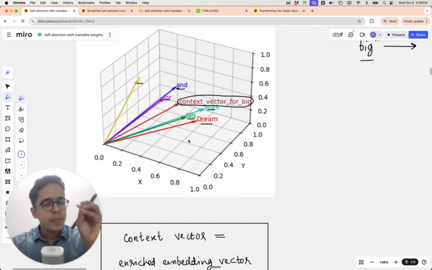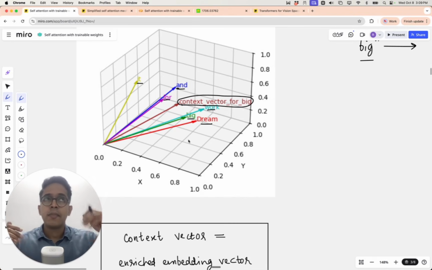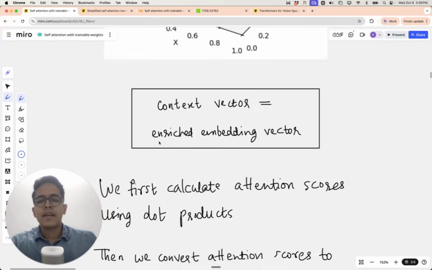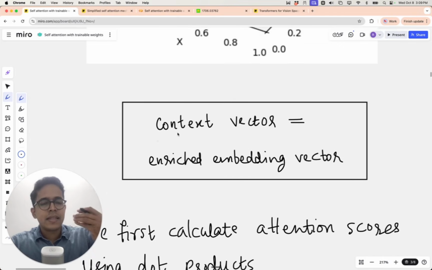If you want to really spend some time on simplified self-attention, and if you are watching this lecture for the first time in the series, please go back to the previous lecture just to spend some time on simplified self-attention, so that you can get much better intuition on why we are interested in constructing a context vector. In very simple terms, the context vector is very important because it has much better meaning embedded in it.